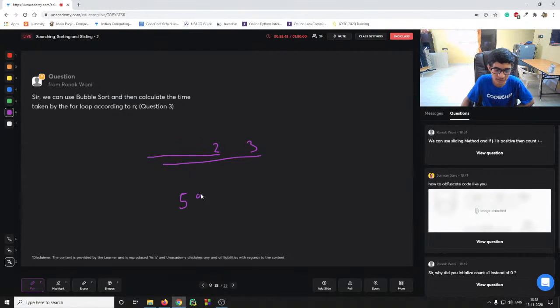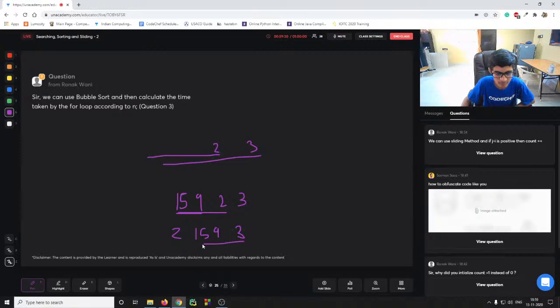For example, if it's something like 5, 9, 2 and 3, it will swap 9, 5 actually. Let's make it 15. So 15, 9. This will swap 15 and 9. This shouldn't be swapping 15 and 9 because it's not optimal. It should actually swap 2 and 9 and 2 and 15, and then it will become 2, 15, 9 and 3.